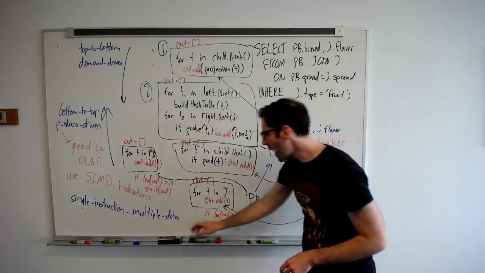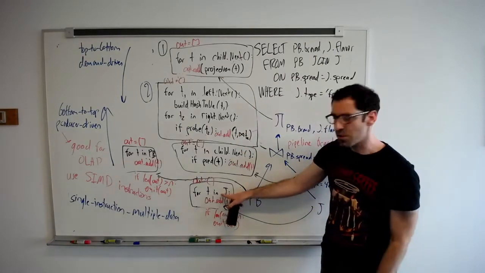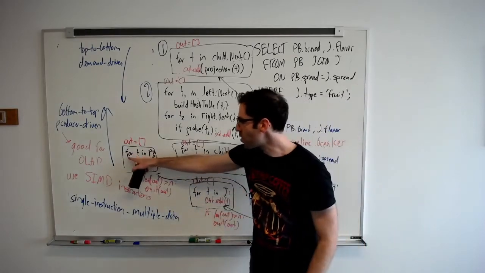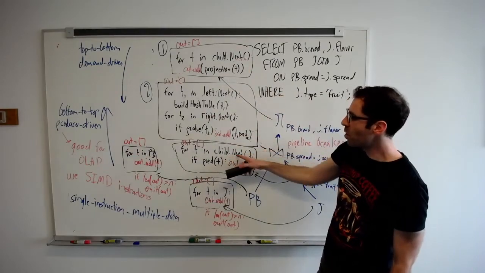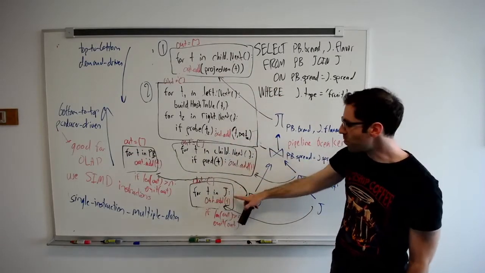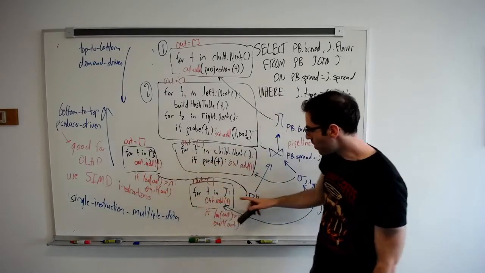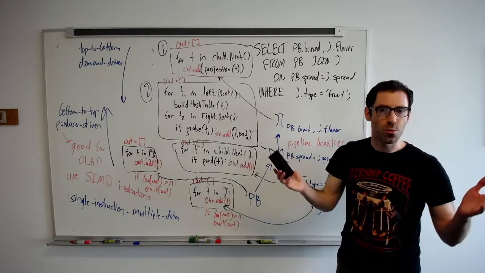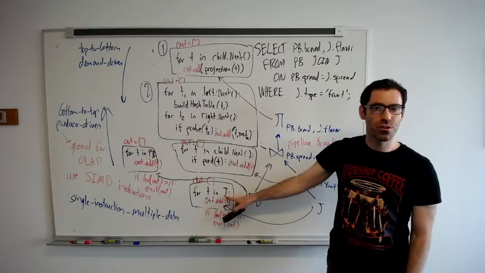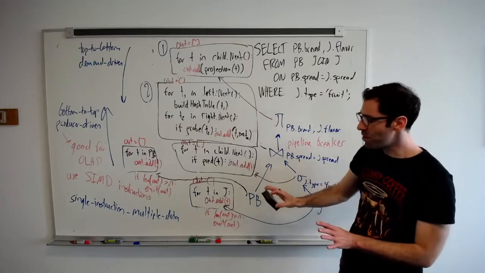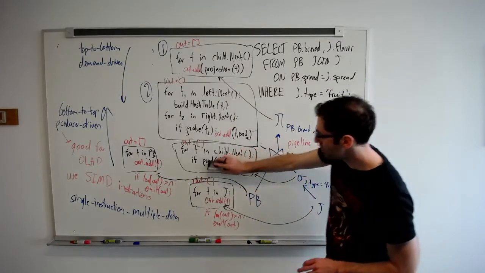An access method is how we're actually getting the tuples in these tables, these for loops here. Because in all the other nodes, we're calling next on the children. But in these nodes at the bottom, I just wrote for tuple in J without saying how it's actually retrieving tuples from J. That's what is called an access method, and that's what I'll talk about next.